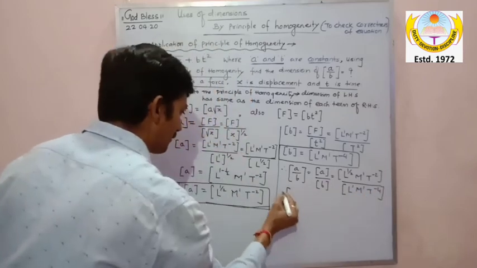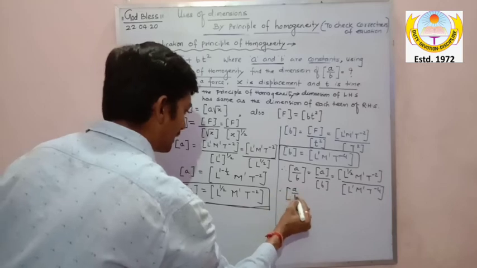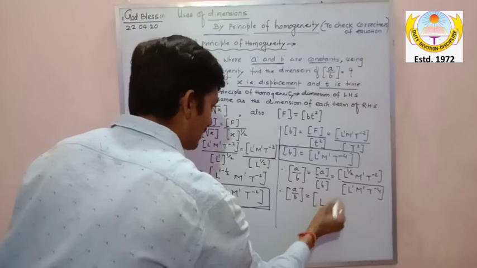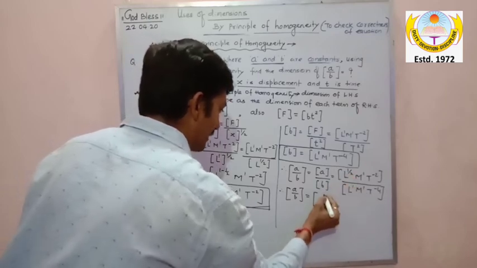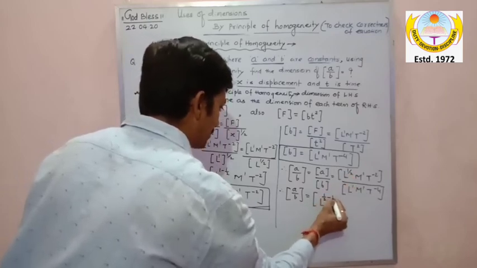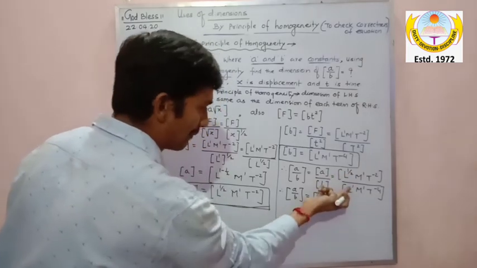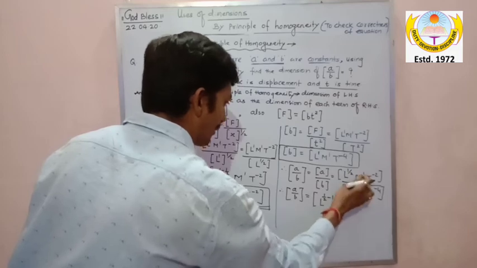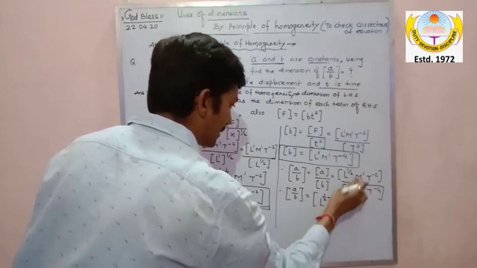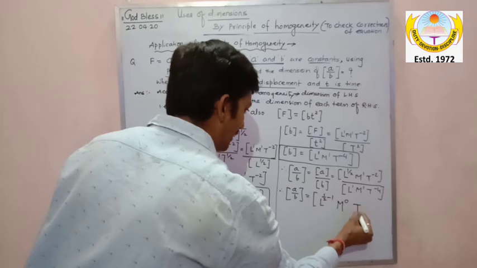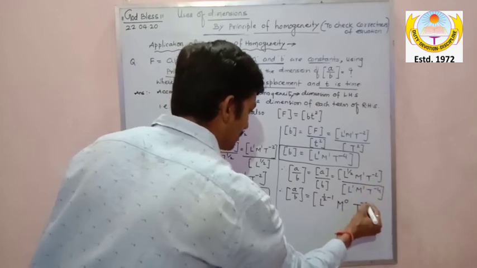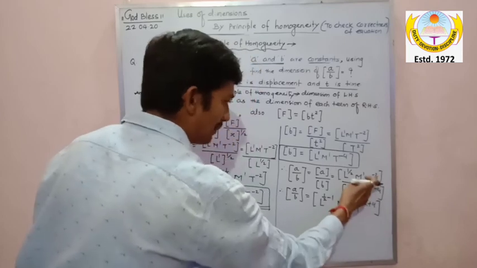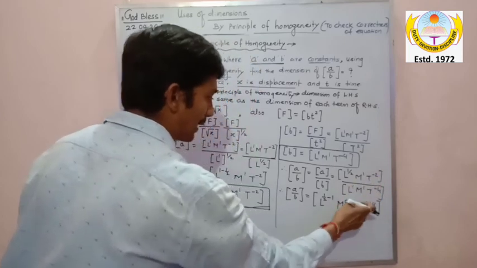So therefore the dimension of A by B, let us calculate: L power half minus 1, M power 1 minus 1 becomes M power 0, and T power minus 2 plus 4, because minus 4 goes up and becomes plus 4.